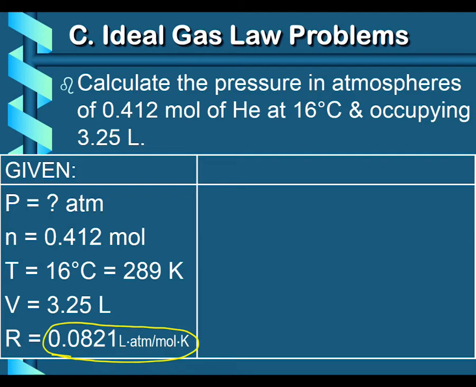This R value uses liters, which is great because my volume given was in liters. It's using Kelvin. That's great because my temperature has to be in Kelvin. We also have moles. Yep, moles was given.